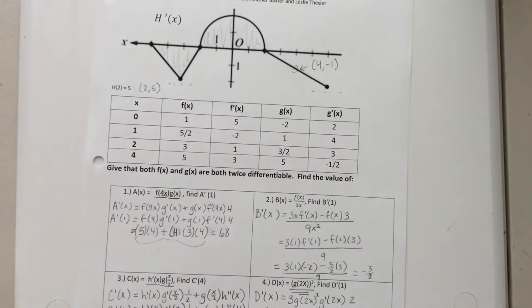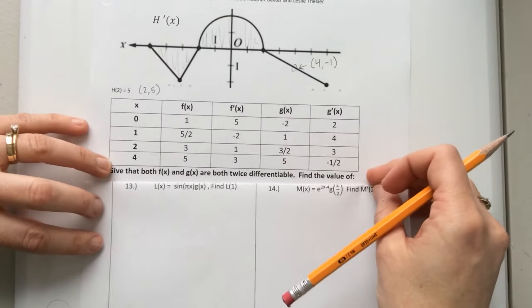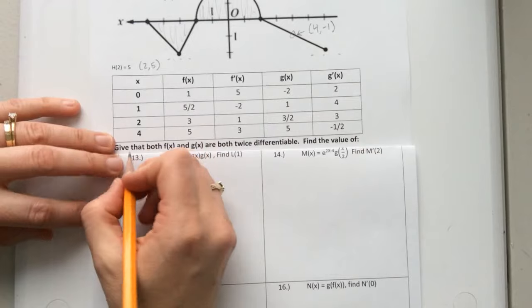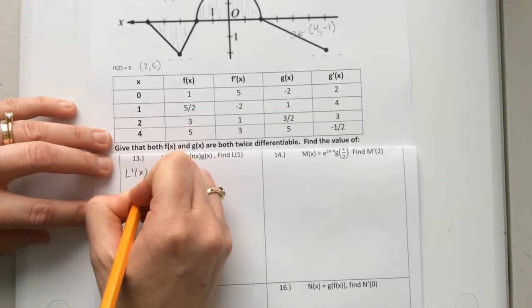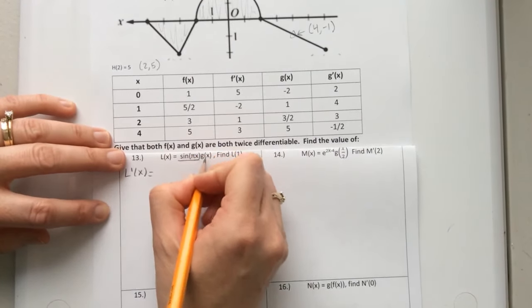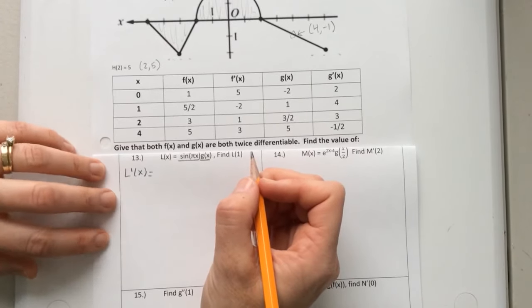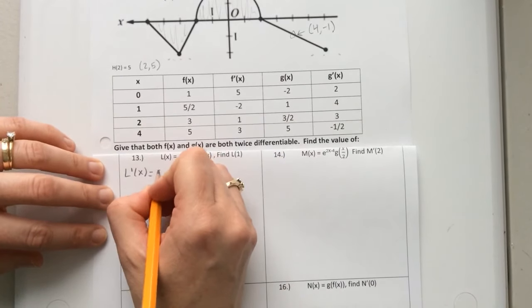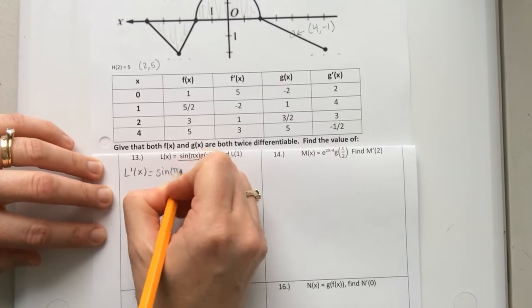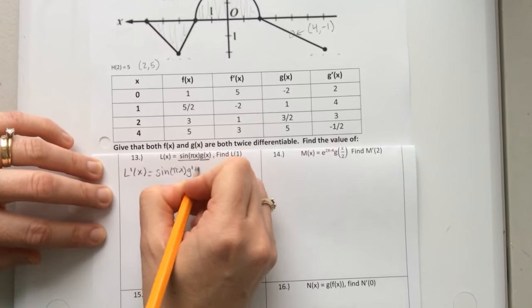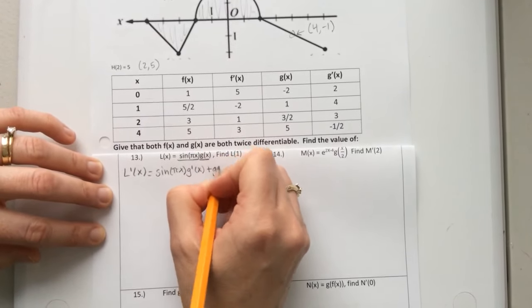All right, so moving on to number 13. Number 13 says find L prime of 1. So I need to find L prime of x first. And notice it's a product, so we're going to have to do the product rule. So we get sine of pi x times g prime of x plus g of x.